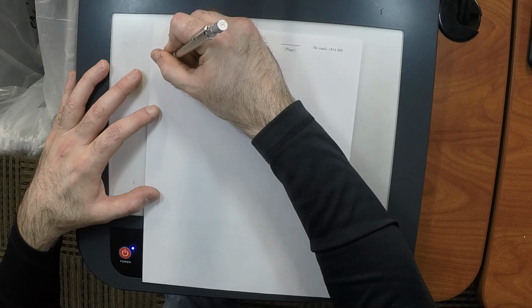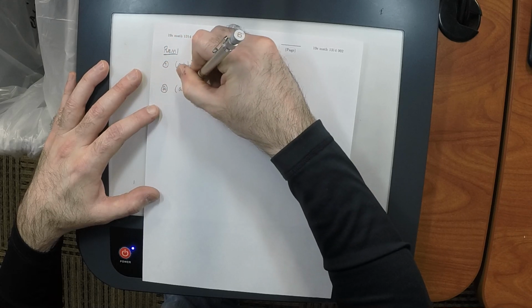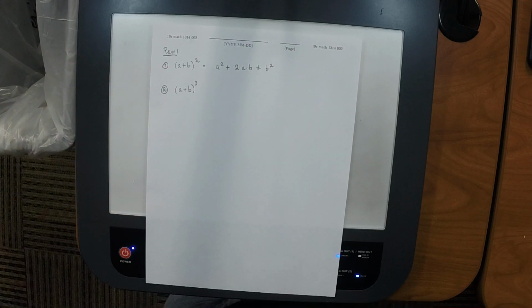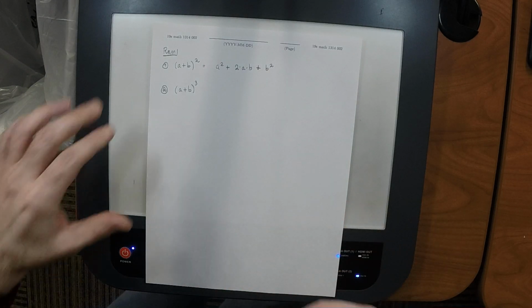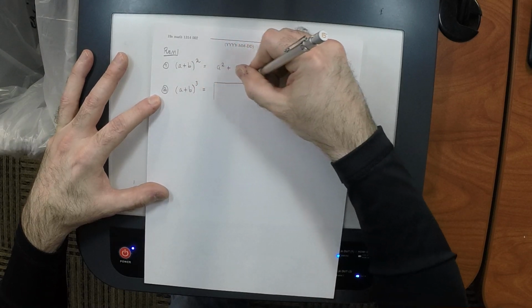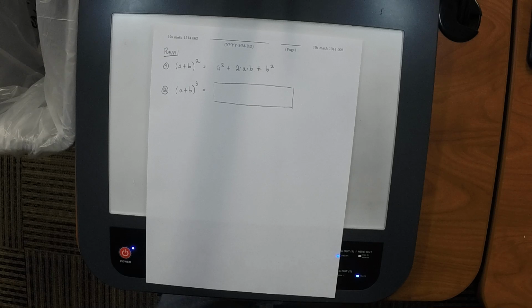If I say that this is one thing there, and then the second thing is a plus b, and now instead of squared, how about cubed? We want to answer that. Okay. So I'm going to leave us a box here to write the answer in. Now, how can we get the answer? How do we get it?